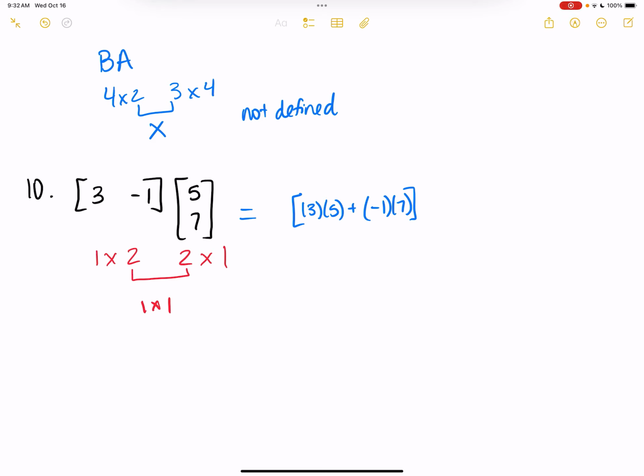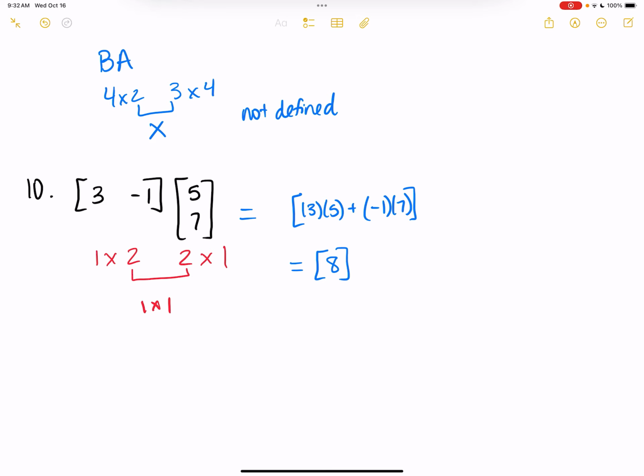So 15 minus 7 is 8. So the result is this matrix that's a 1 by 1 with the number 8 in it. Okie dokie. This was an easy one.